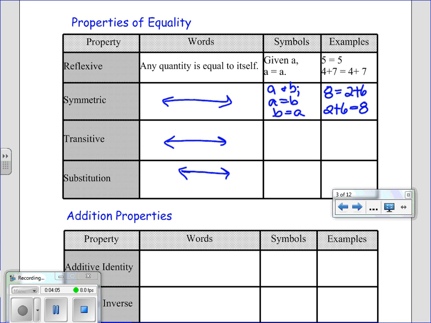The transitive property says that if you have one quantity and it equals a second quantity, and then if the second quantity equals the third quantity, then the first and the third are also equal. Let's see what that looks like in letters. So if you have A, B, and C, and A equals B, and you know B equals C, then you can surmise, or here, I'm going to show you a little shorthand for therefore.